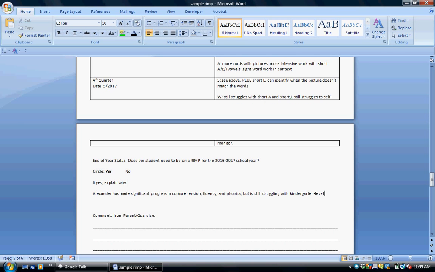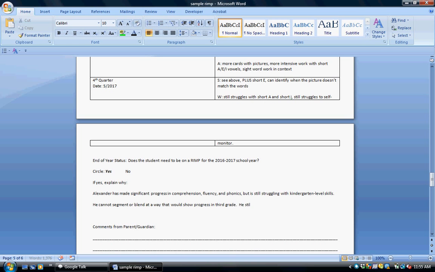You need to be objective here, no feelings. Because I can show you the significant progress he's made, but he's still struggling with kindergarten level skills. He cannot segment or blend in a way that would show progress in third grade.